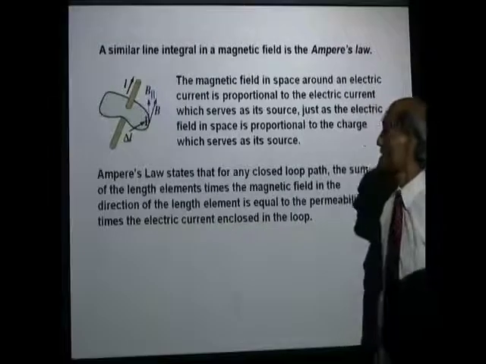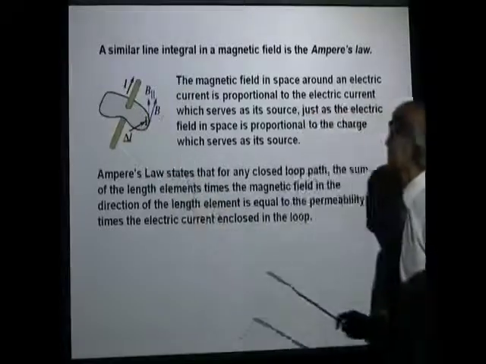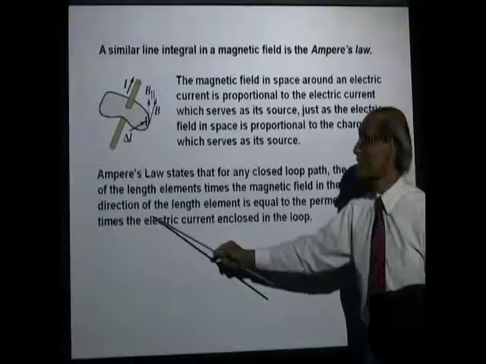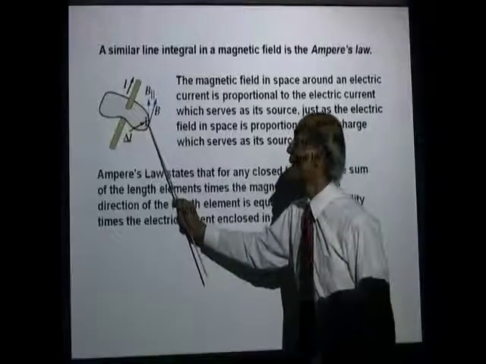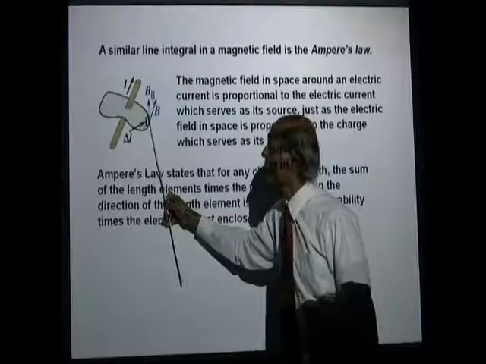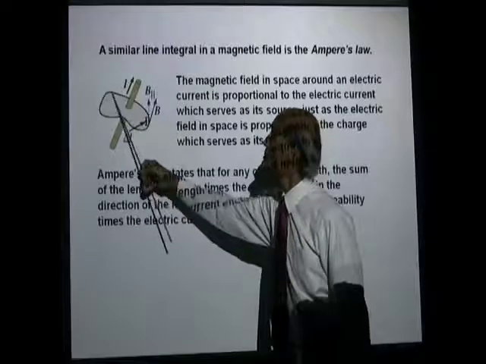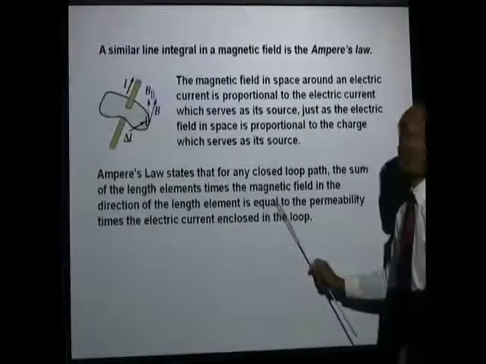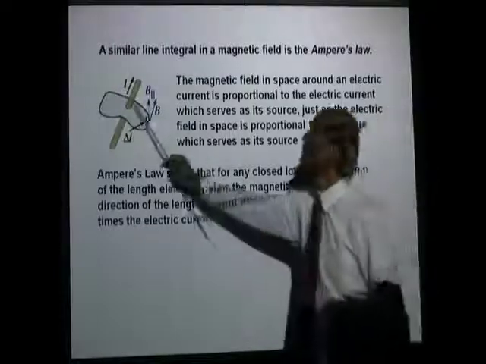Now, Ampere's law states that for any closed loop path, the sum of the length elements times the magnetic field in the direction of the length element. One more time, if you take that length element delta L and take the component of that B in the direction of that delta L and multiply the two, B delta L, and integrate it along the closed curve, it will be equal to the permeability times the electric current enclosed in the loop.